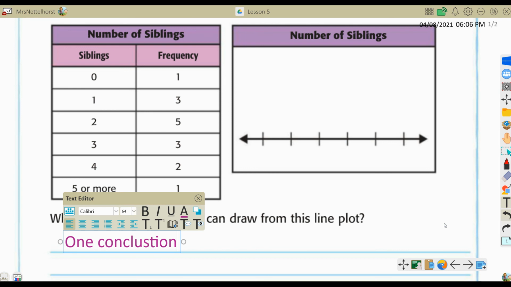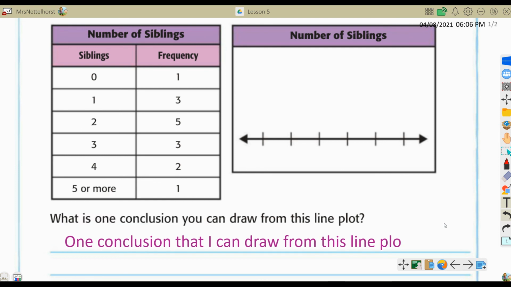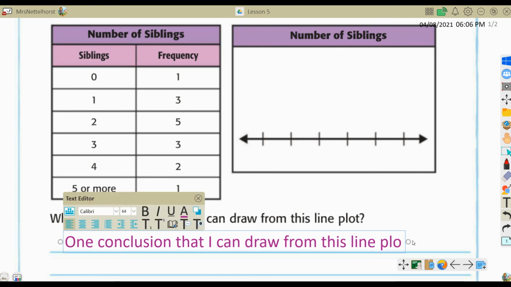Now, conclusion is what can you decide from looking at this line plot? Kind of like we did on the other one where we said that one was spun the most often. Okay, so one conclusion that I can draw from this line plot is, oops, what happened to my typing?